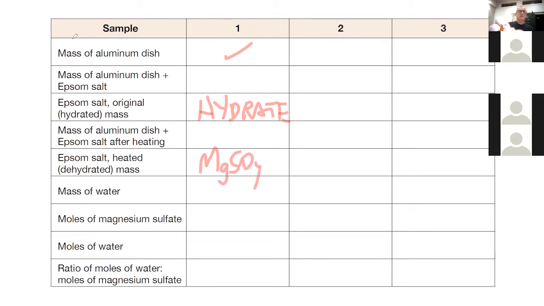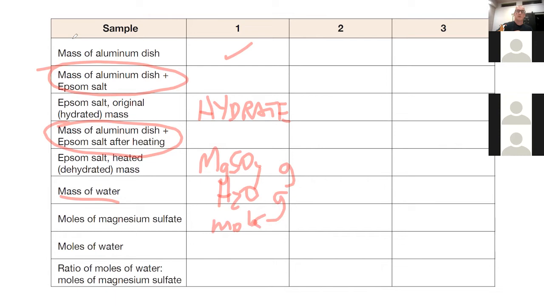The difference between the mass of the dish plus the hydrate and the mass of the dish plus the magnesium sulfate after you heat it, that's going to be your mass of the water. This is going to be in grams, this is going to be in grams. We'll convert them both to moles, and then you want the ratio of water over magnesium sulfate.